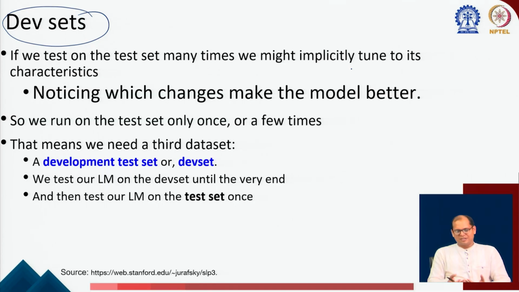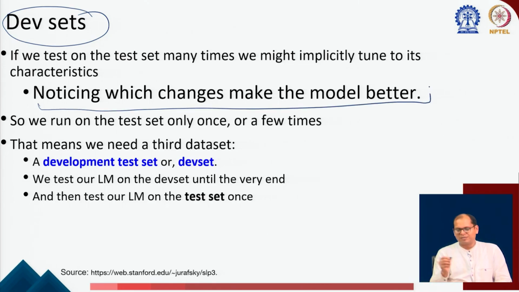But in the real world, nobody will give you that much time, right? You need to see how good it is generalizing to new data, right? Because you are noticing here what changes make the model better. So that's why you have to run on the test set only once, right?